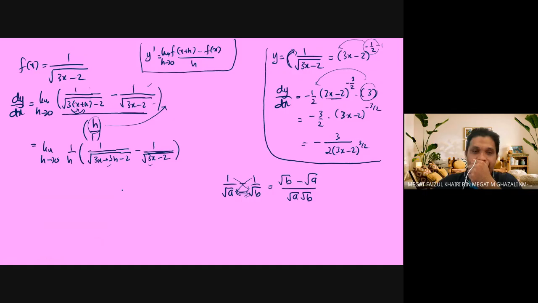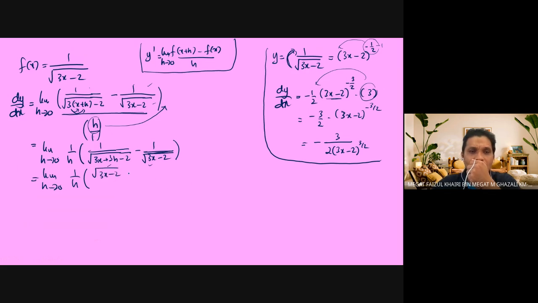Okay, so now limit of h approaching 0, 1 over h, we got square root of 3x minus 2 minus square root of 3x plus 3h minus 2 divided by square root of 3x plus 3h minus 2 multiplied with square root of 3x minus 2.